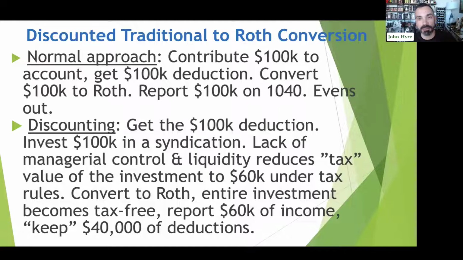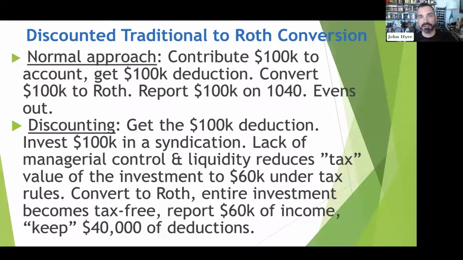Round numbers for normies. Contribute 100 grand to the account if it's a traditional account. You get a 100 grand deduction. We like that part. Let's say you convert 100 grand to Roth, whether it's cash or marketable securities that have a clear fair market value, or even gold, which has a clear fair market value. You convert at 100, it's a wash.